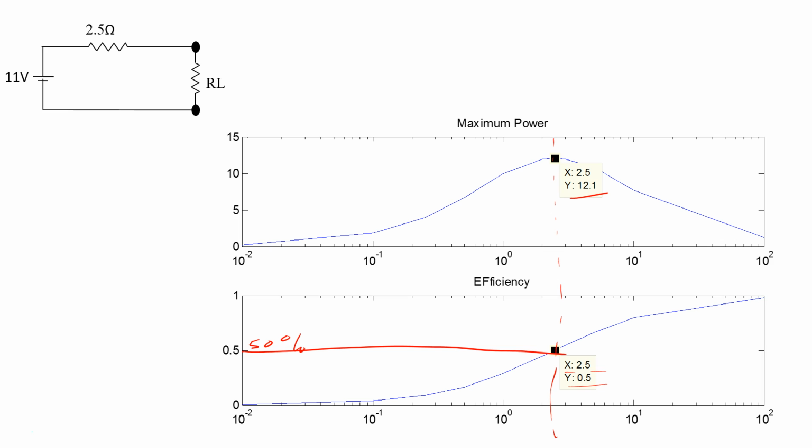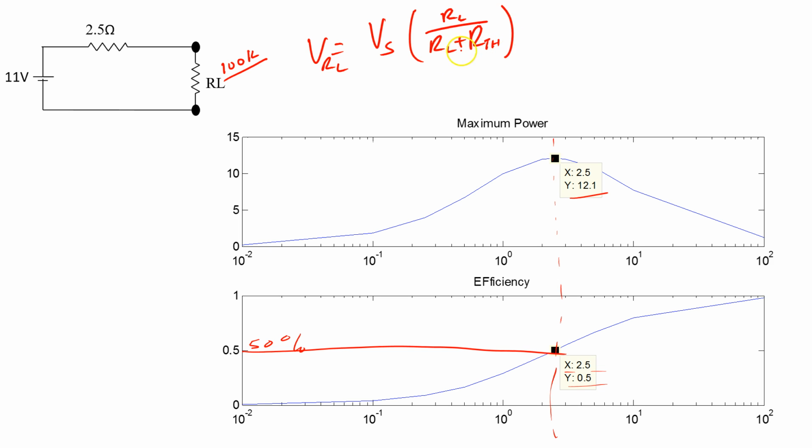And that makes sense when you think about it, because the larger this resistance is, so if it is, say, even 100 kilo ohms, it means if I look at my voltage divider, VRL is equal to V source multiplied by RL over RL plus R Thevenin.